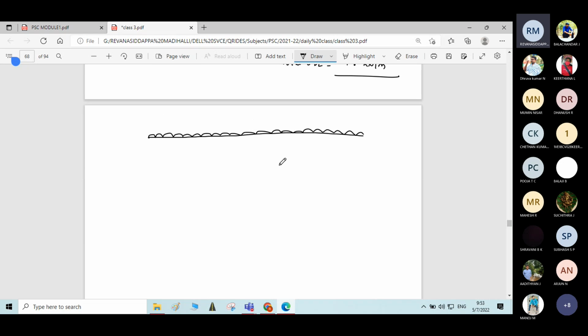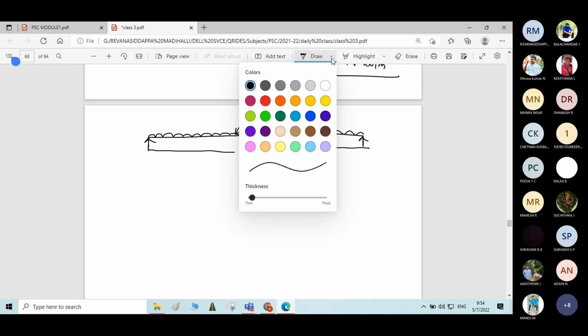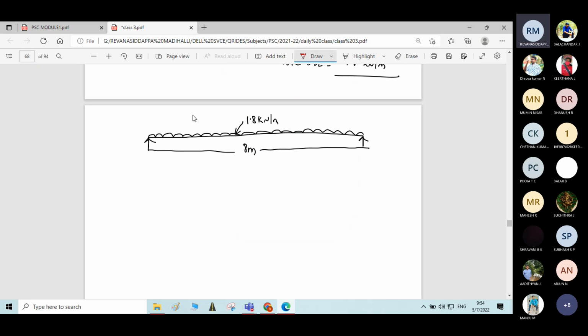Let me take the section at quarter span, means 2 meter, and one more section at midspan, 4 meter.